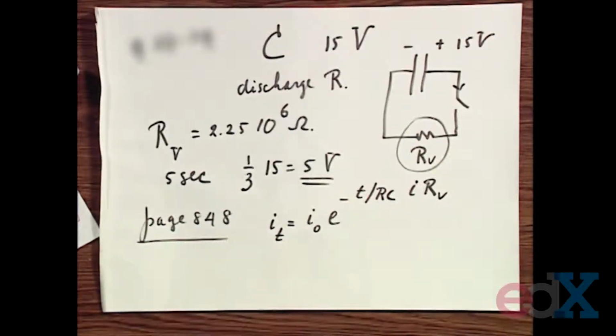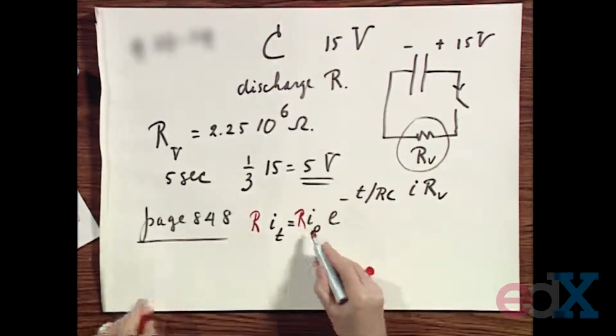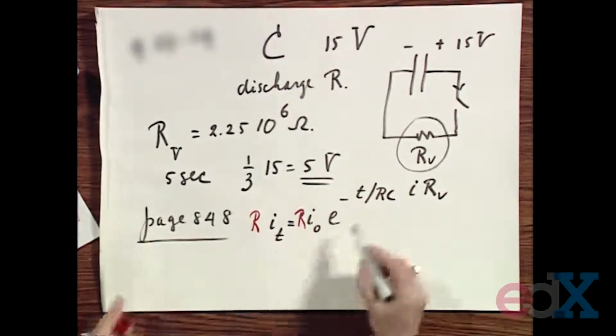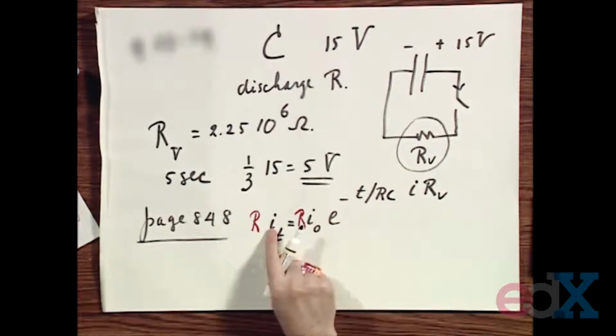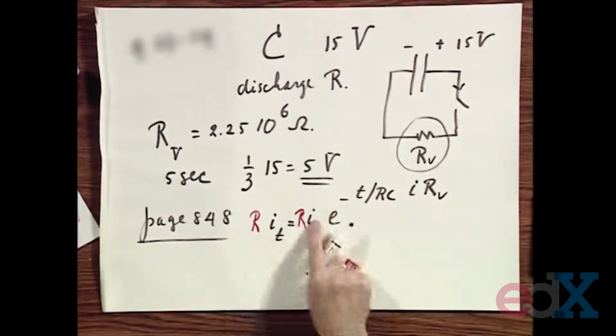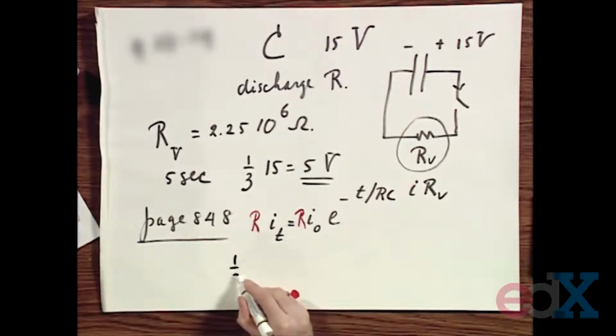Now the voltmeter reads I times R, but since you have the R on the right side as well as on the left side, that's fine, you can ignore that. What you do know, however, is that after 5 seconds, I(t) over I0 is 1/3.